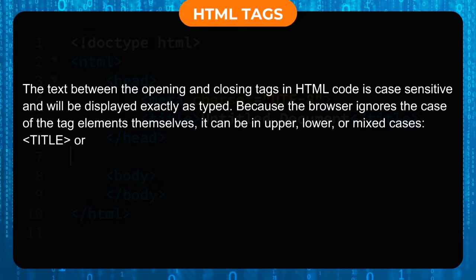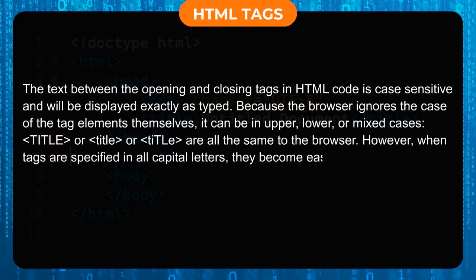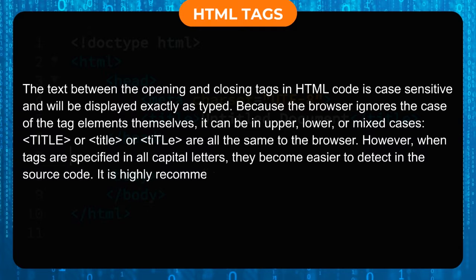TITLE or title are all the same to the browser. However, when tags are specified in all capital letters, they become easier to detect in the source code. It is highly recommended, then, to put all tags in capital letters.